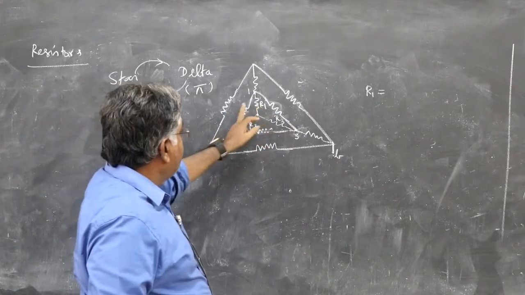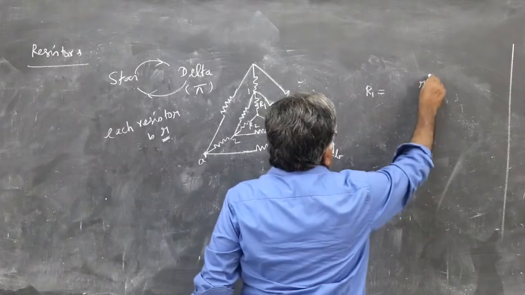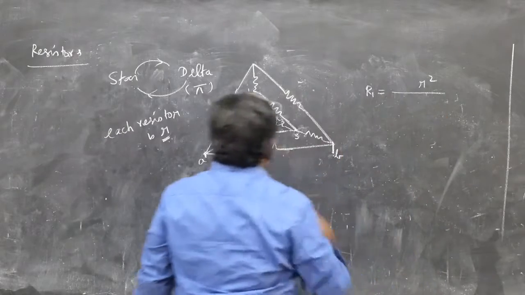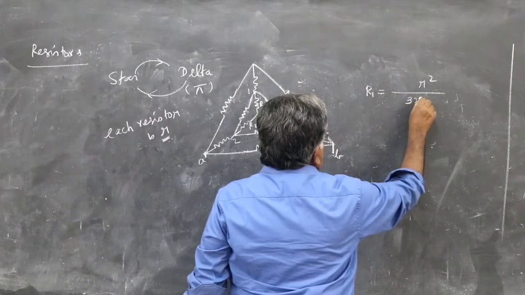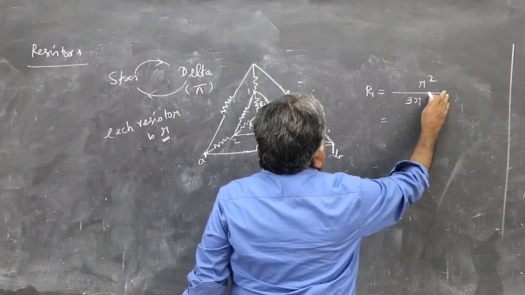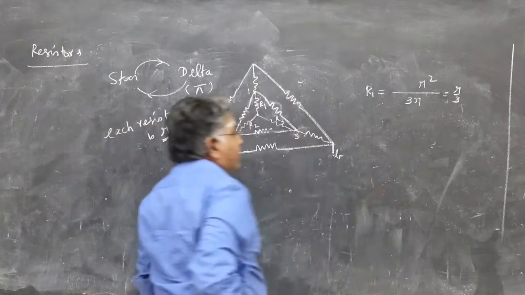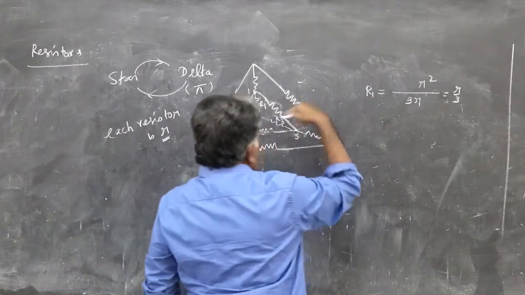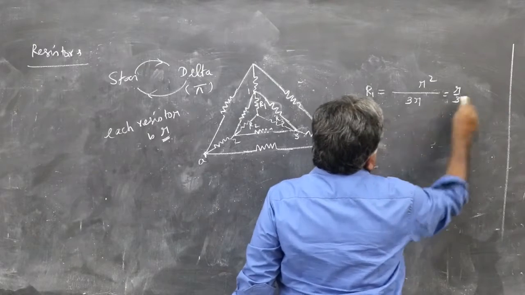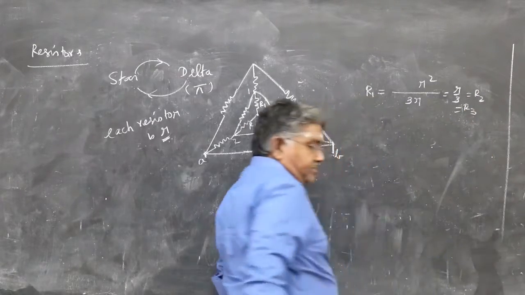So R1 is equal to R into R, that is R squared, divided by the total of the resistors, which is 3R. So you will get R by 3. Similarly, R2 will be R by 3 because everything is R there. So this is also R2, that is also R3.